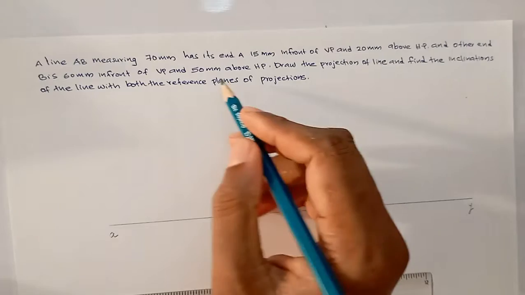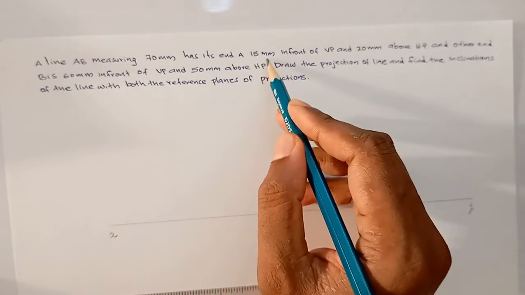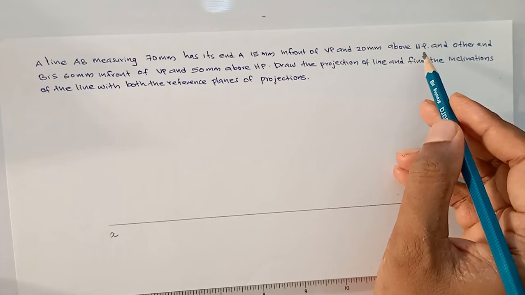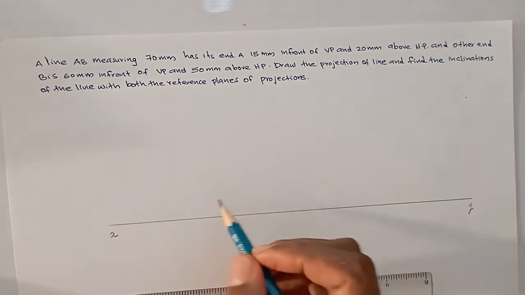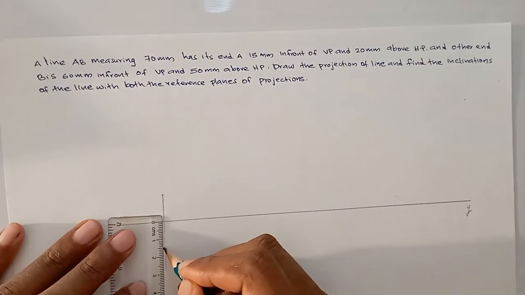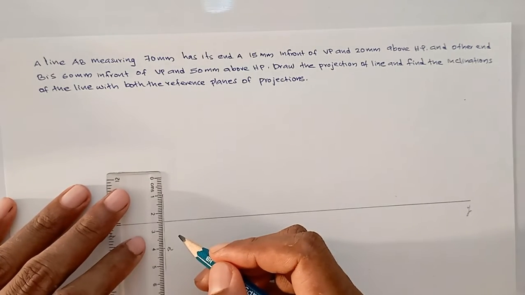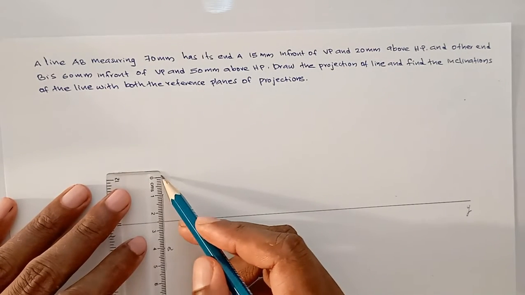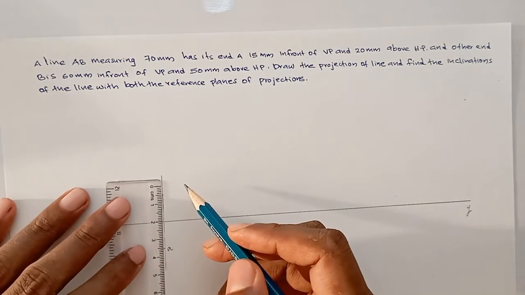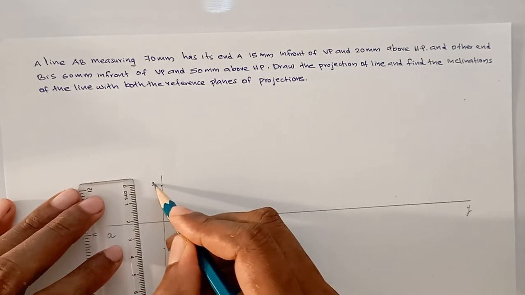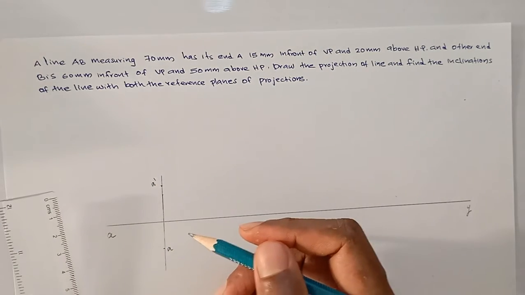So first you draw A, 15 mm in front of VP and 20 mm above HP. That means in the first quadrant, 15 mm in front of VP. This is A, and 20 mm above HP. This is A dash, this is A.